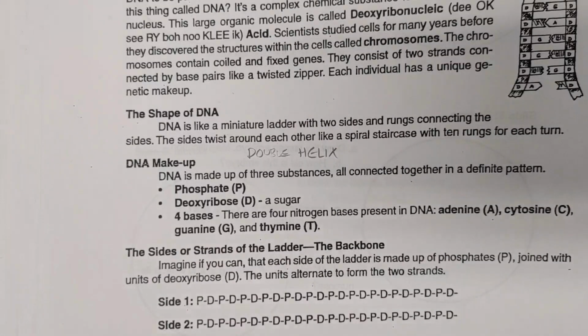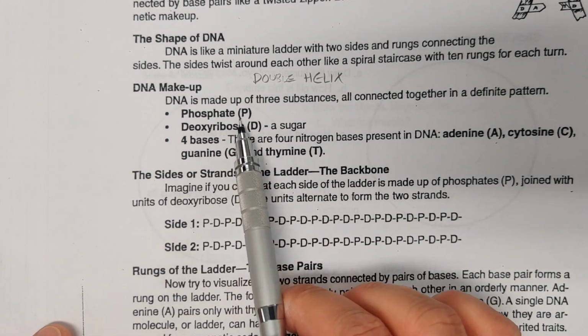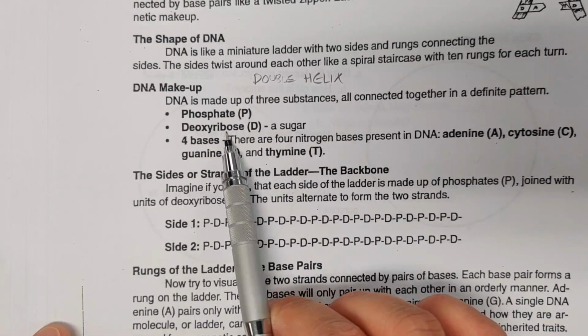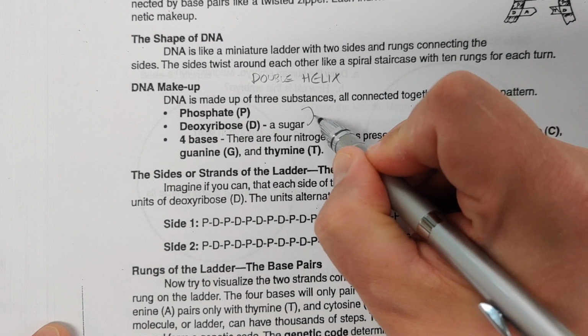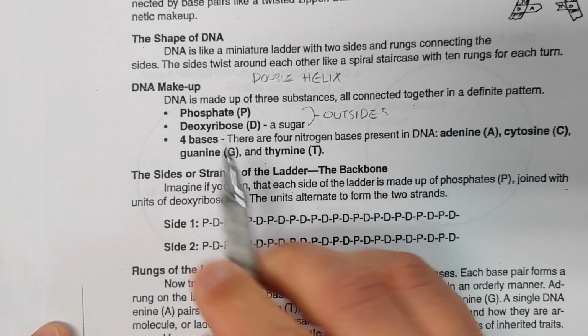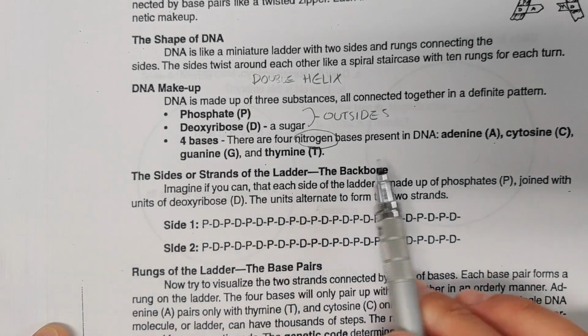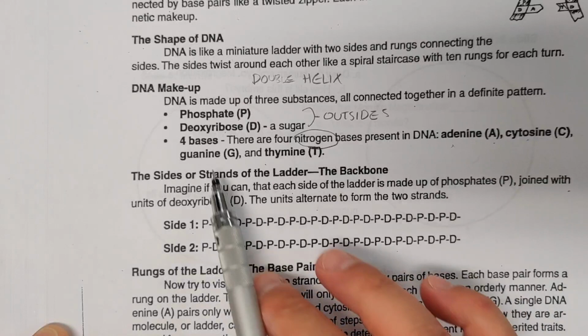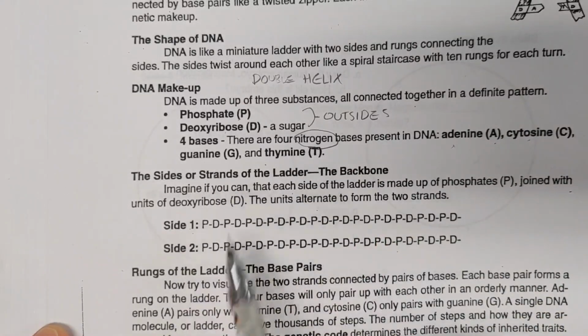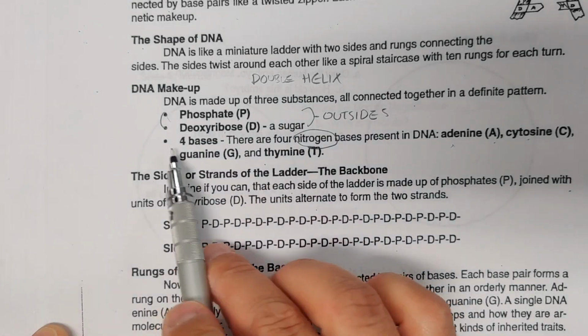DNA is made up of phosphates, deoxyribose. Now these 2 are the outsides. And these 4 bases, these nitrogen bases, adenine, cytosine, guanine, and thymine, are the inside parts. So these 2 are the outside, that's the inside.